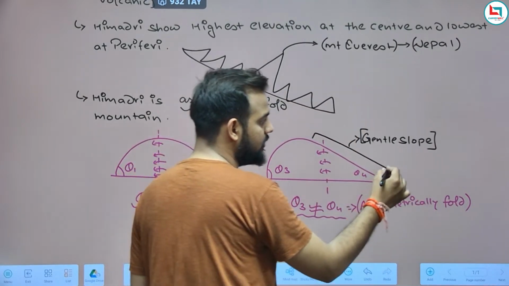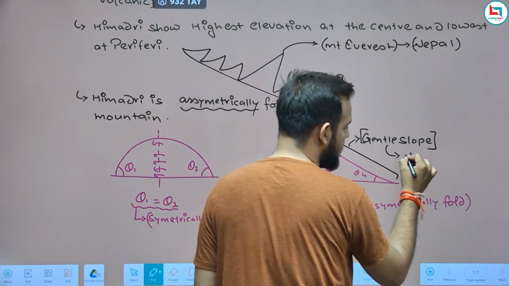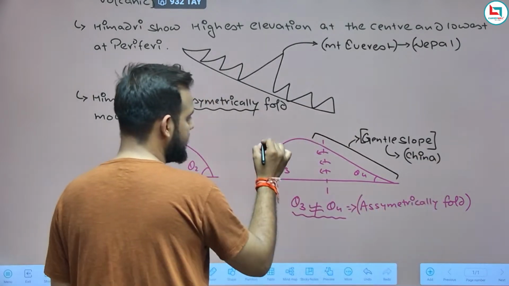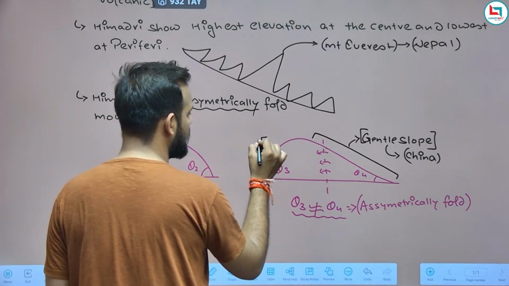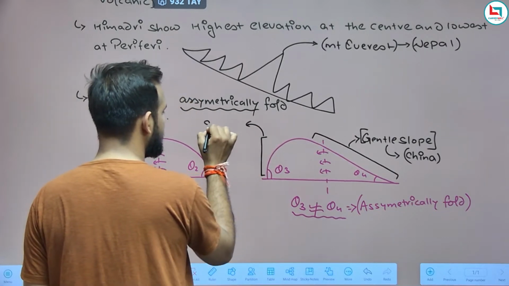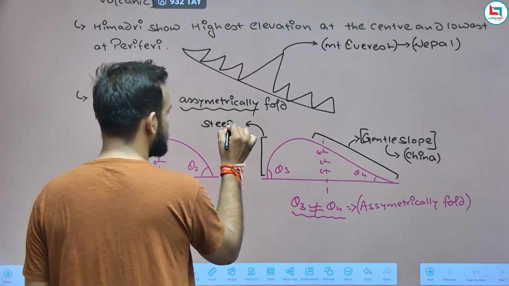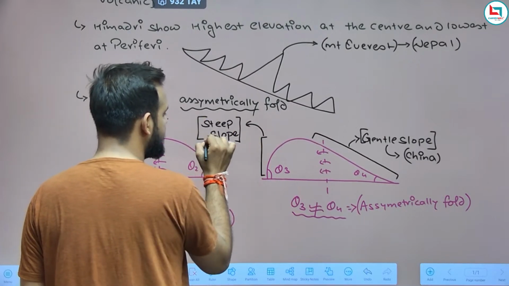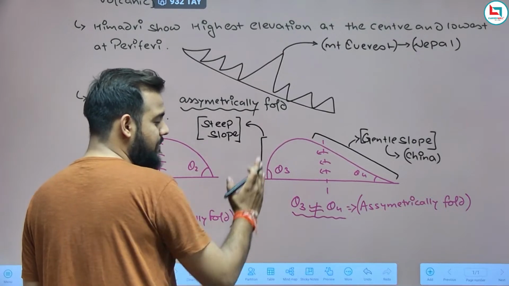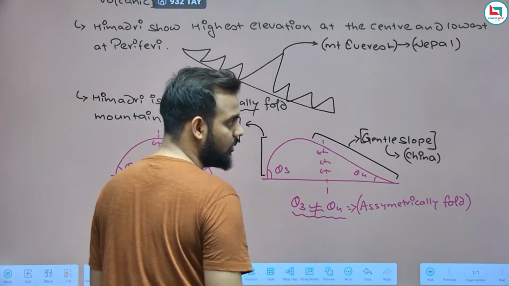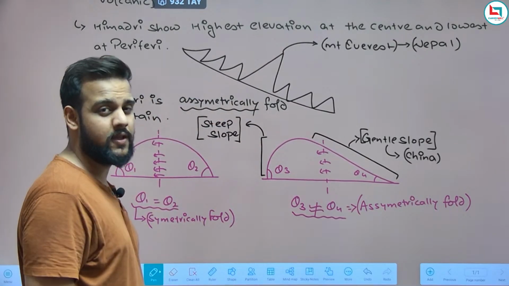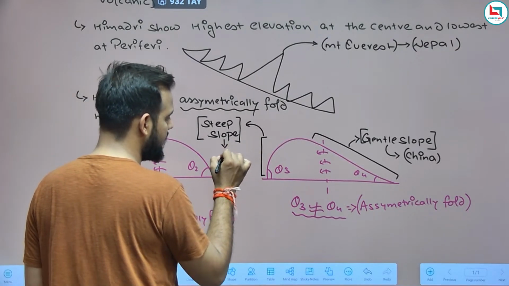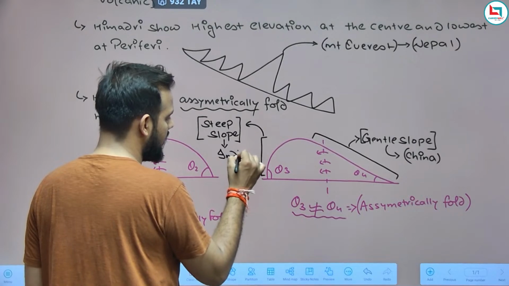So this gentle slope of Himadri is facing towards China, and this is the steep slope. And remember, climbing the mountain from this particular steep slope is very, very difficult. So this thing is facing towards mainland India.